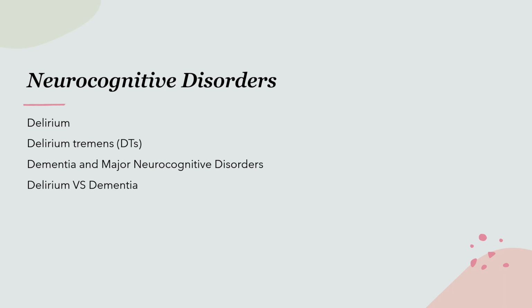This is typically caused by withdrawal from a substance, most commonly alcohol, but it can be other withdrawals. These can lead to death if there is not any kind of intervention done. Typically, the interventions placed for DTs are going to be benzos, barbiturates, and antipsychotics.